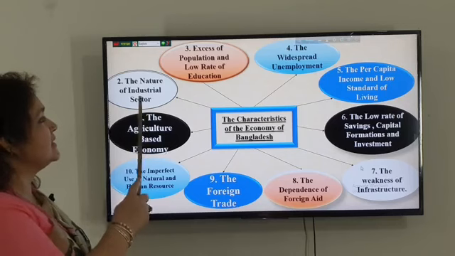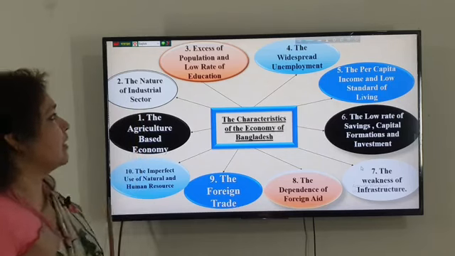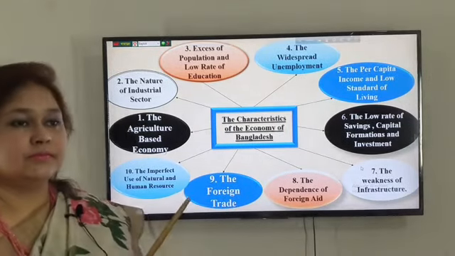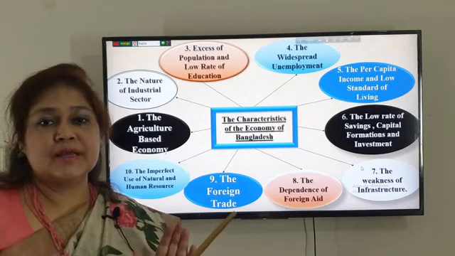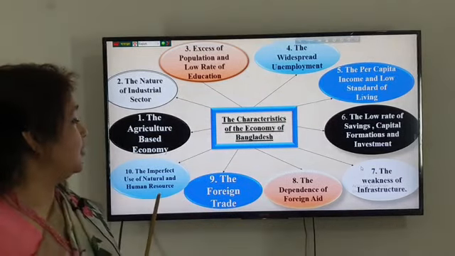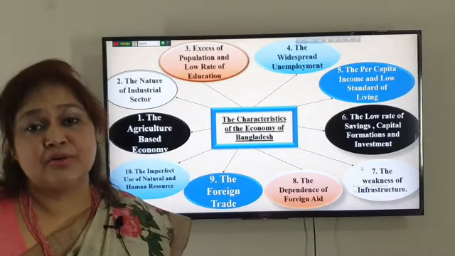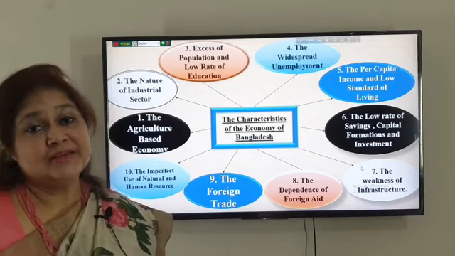Number 2 characteristic is the nature of the industrial sector. Of course, if we study from previous years, we can say that gradually the contribution of the industrial sector in our economy is increasing compared to the agriculture sector.